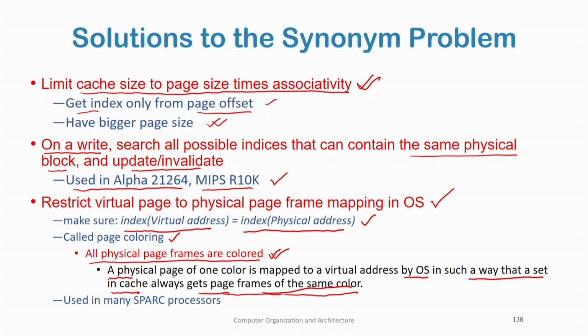So, a physical page of one color is mapped to a virtual address by the OS in such a way that a set in cache always gets page frames of the same color. So, this is how I avoid the problem of synonyms in virtually indexed physically tagged caches, and it is used in many Spark processors as well.